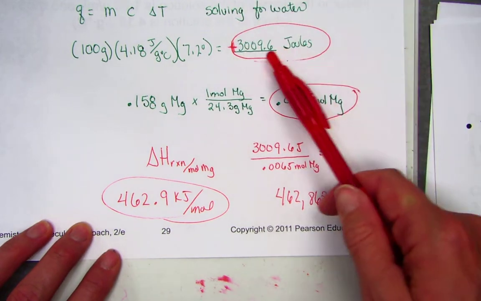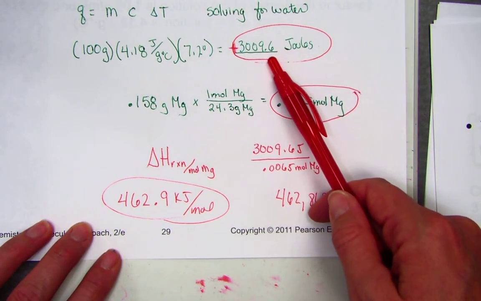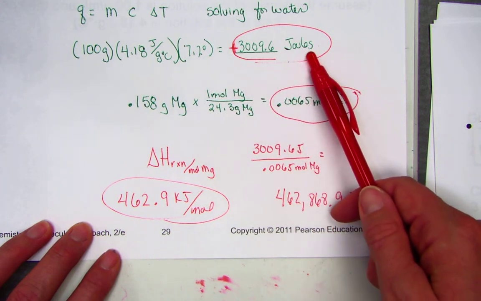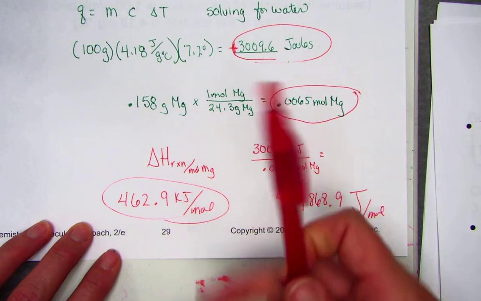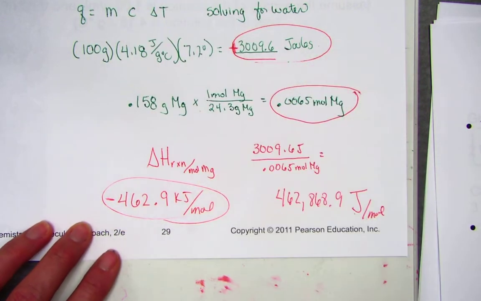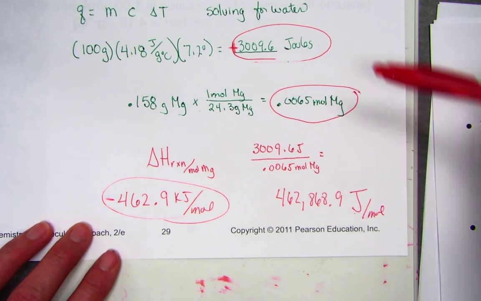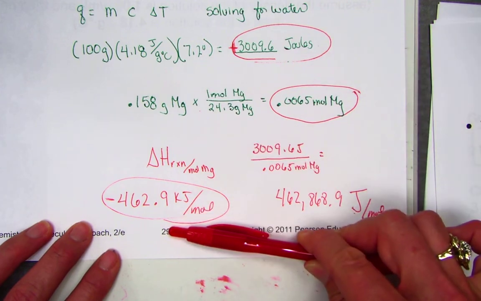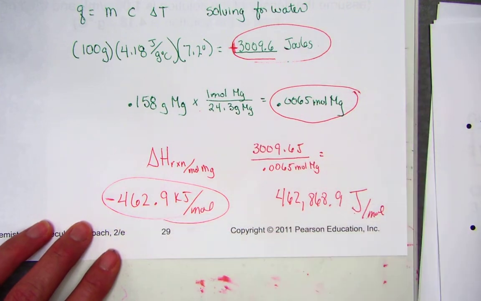It absorbed 3009.6 joules. Therefore, the heat was being released by the reaction. I better show that I know that reaction to be exothermic and place a negative sign at the end. Heat absorbed by the water must have been released by the chemical change. Negative 462.9 kilojoules per mole.